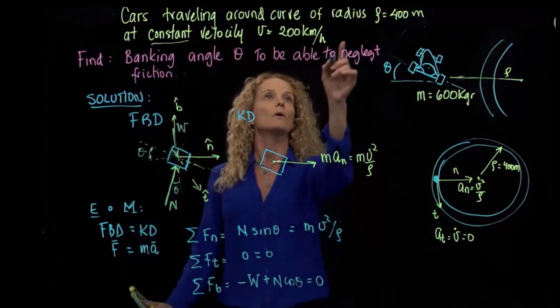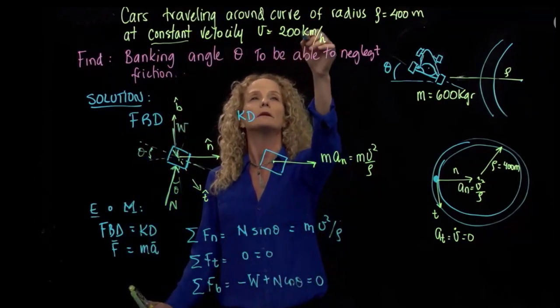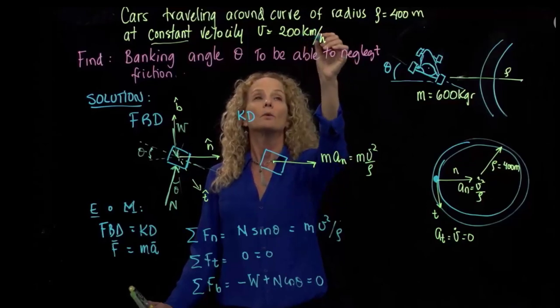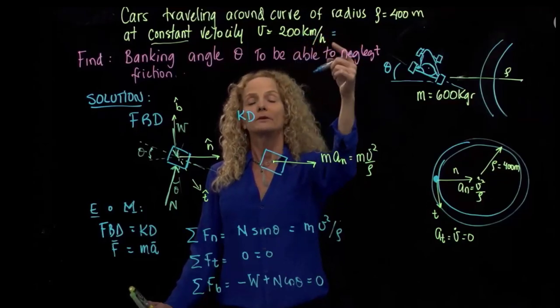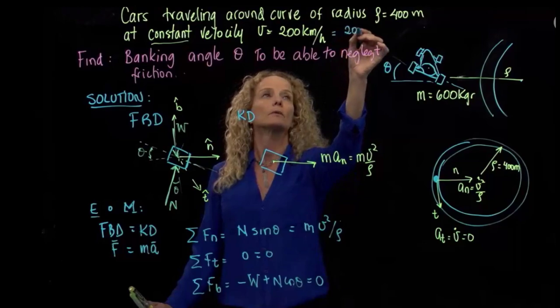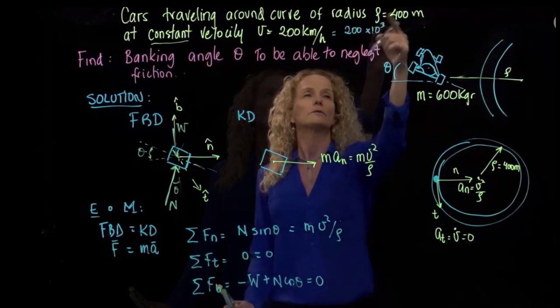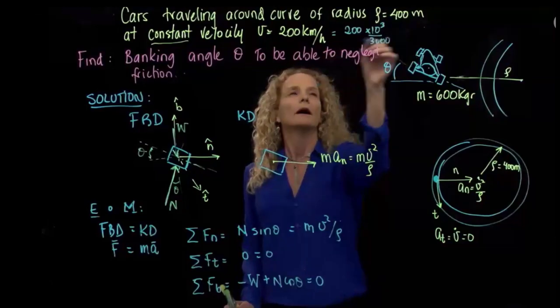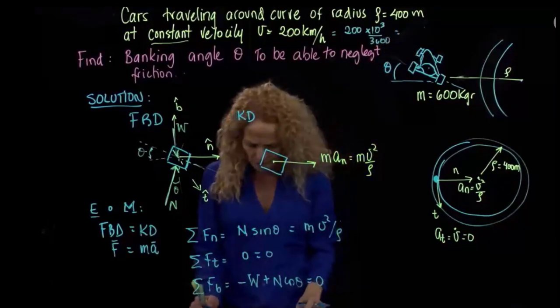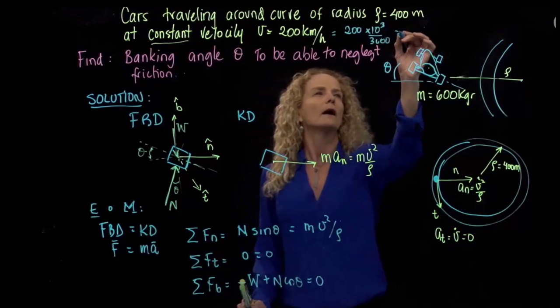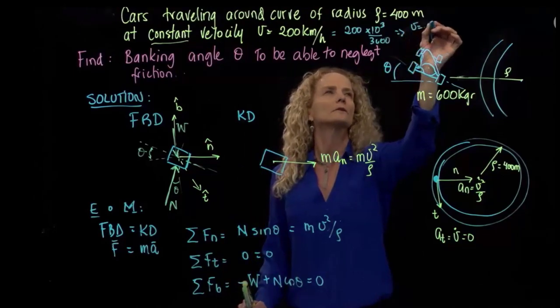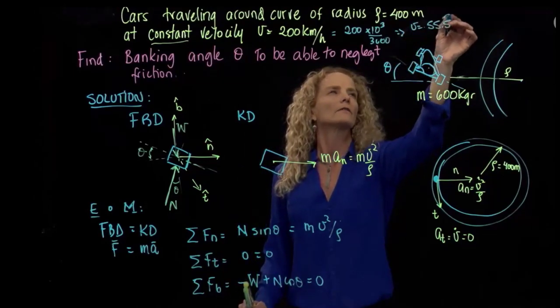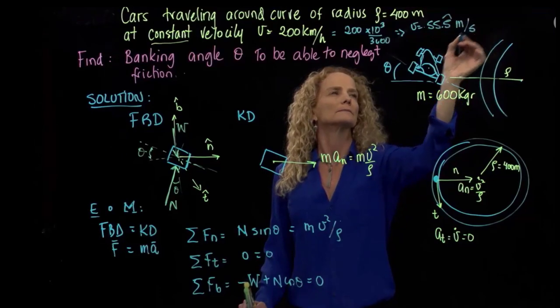First of all, our velocity is given in kilometers per hour. We have to convert that to meters per second. You remember, we have to multiply by 10 to the cube divided by 3600. I have done that calculation, and so my velocity is actually 55.555 meters per second.